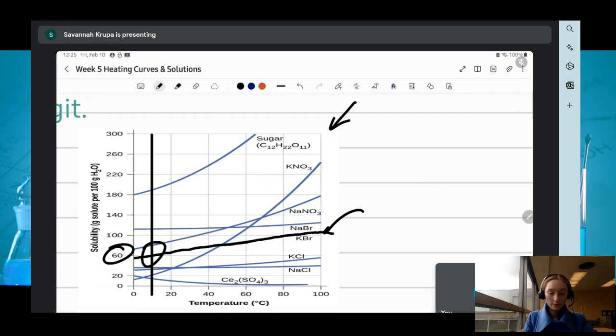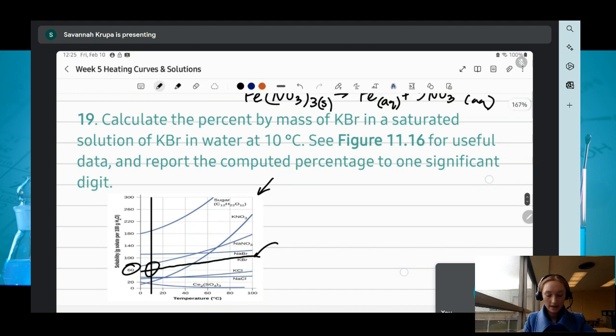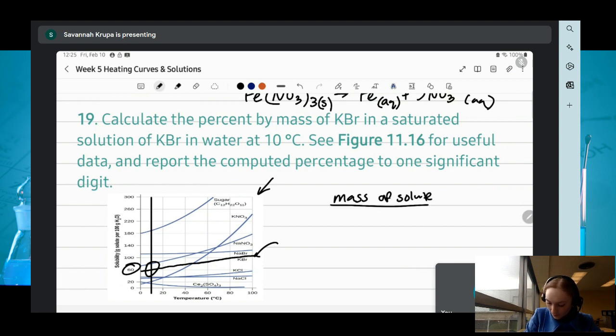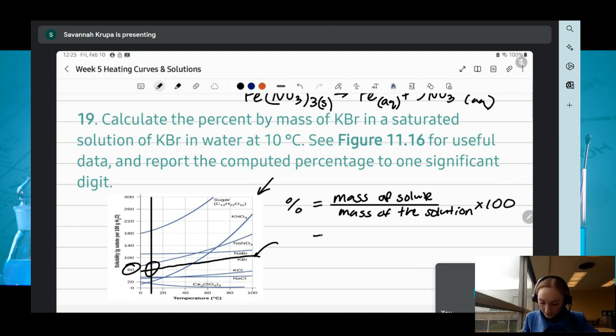And so now we have all that we need to figure out the percent by mass. So the percent by mass equation is going to be the mass of solute over the mass of the solution. So that's the solute and the solvent. And we also multiply it by 100 because it is a percent. And so to calculate for that, the mass of the solute, like I said, was 60 for the solubility. So that was 60 grams of the KBr.